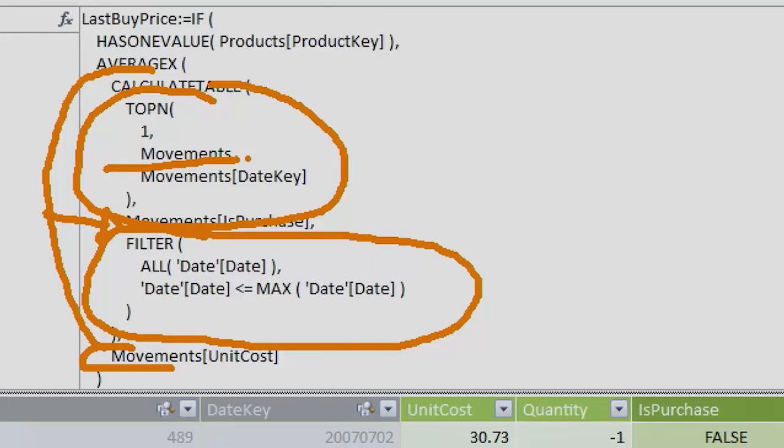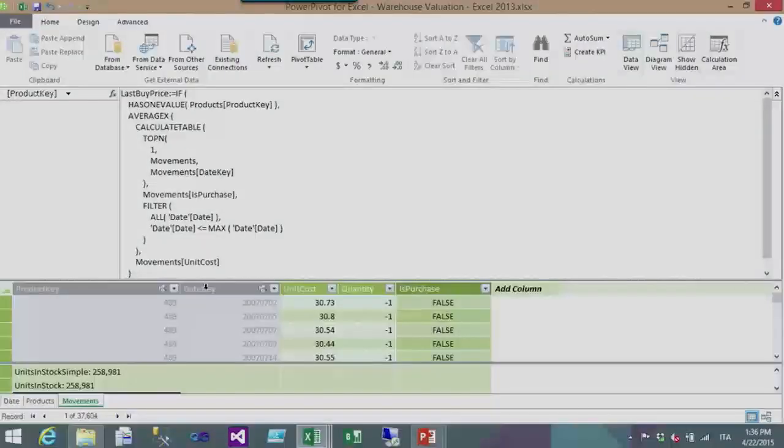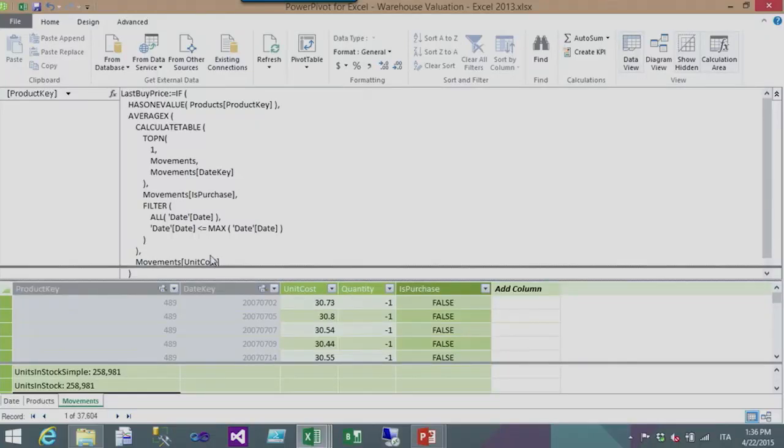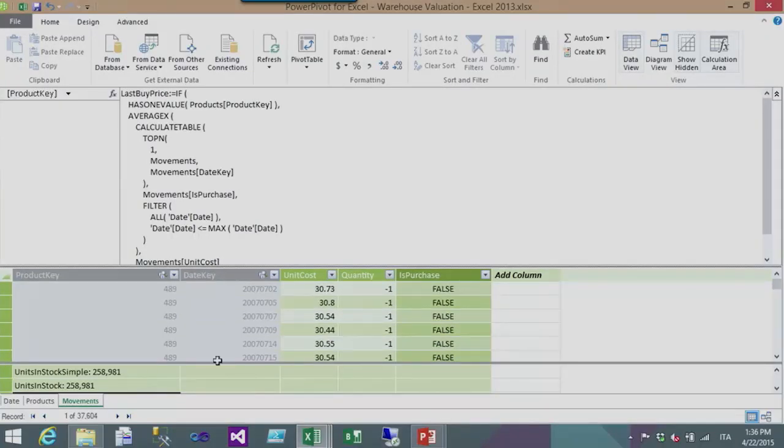And in that case, I want to calculate the average of the price of the several purchases in the same day. So we are considering, if we know that we have only one transaction per day, this formula would be much simpler. We do the same also for the sales. We just change the flag, which is not is purchase true, but is purchase false.